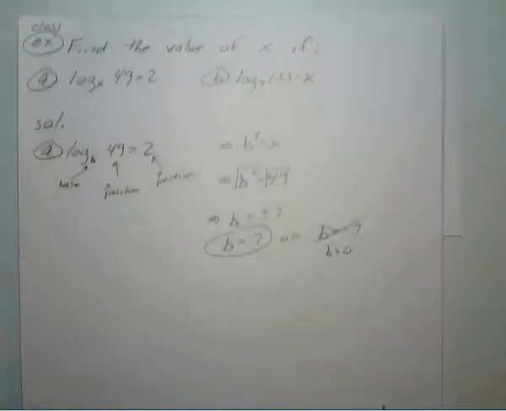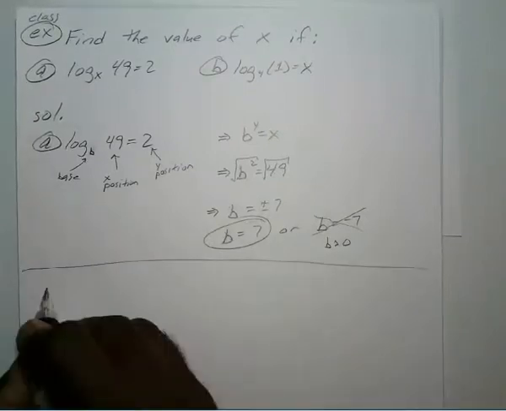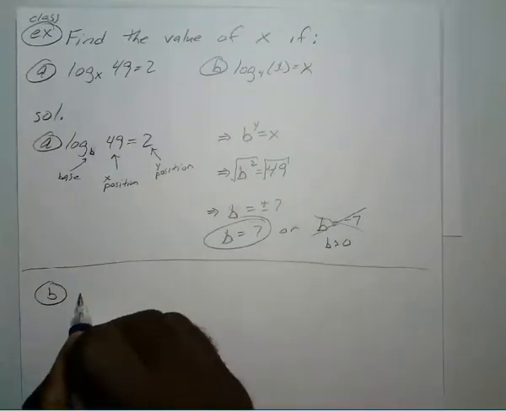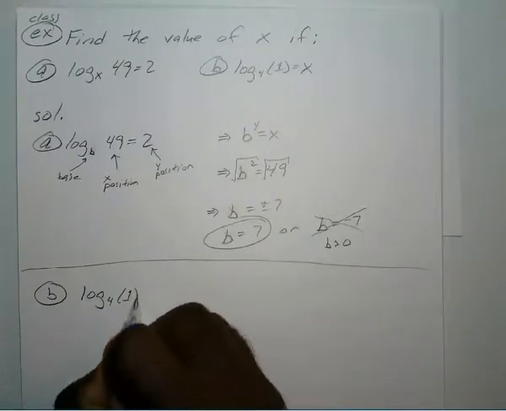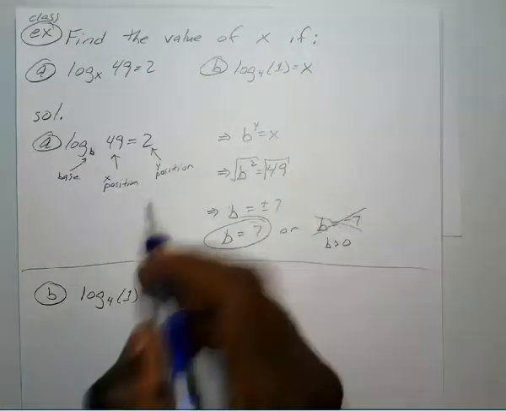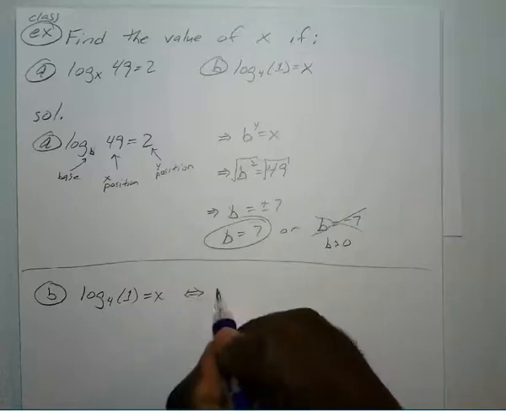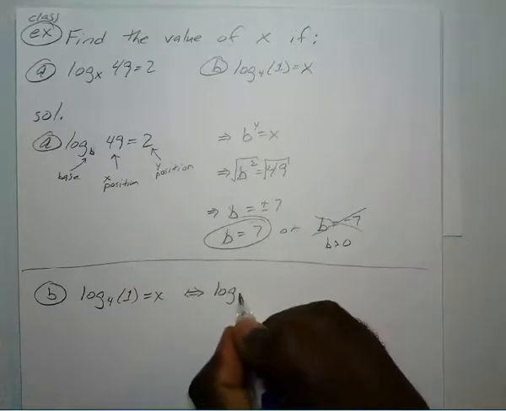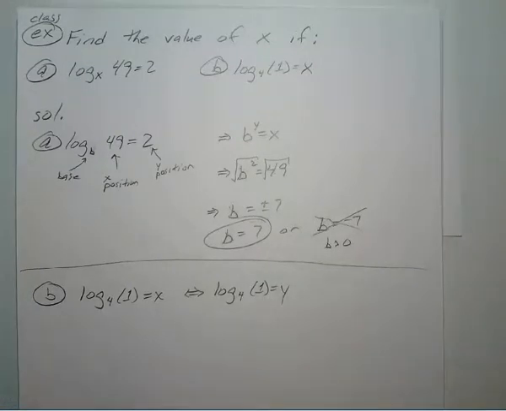Alright, so let's go ahead and solve for problem B. Okay, so log base 4 of 1. Instead of x, we can just make that equals y. So log base 4 of 1 equals y, just to match up your formula.